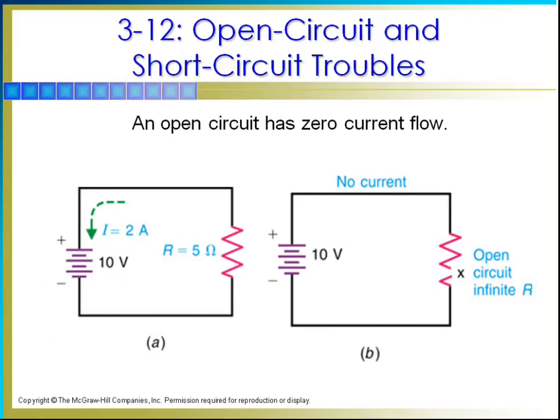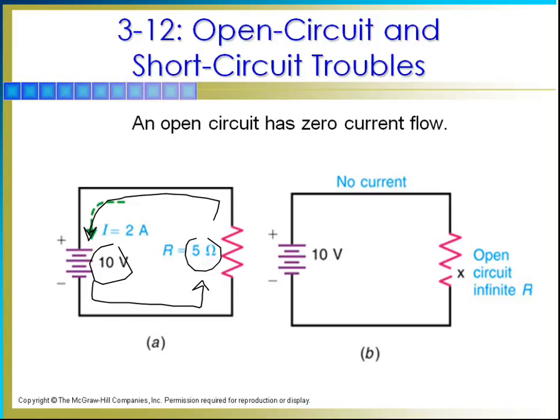Now, once again, our section on troubleshooting, because we always have a good time in troubleshooting. All right, normal circuit, complete circuit, current flow, you got 10 volts, resistance of 5 ohms, which means you're going to produce 2 amps of current flow. That's a good circuit.